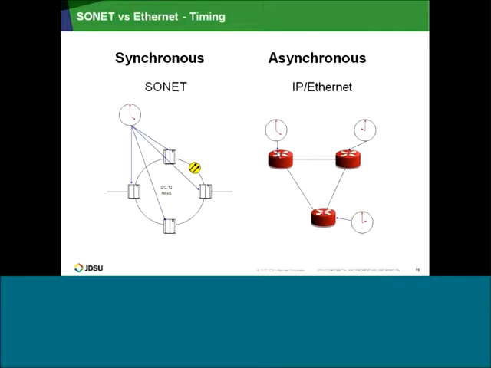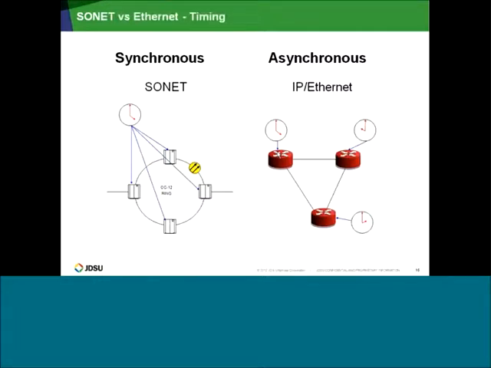A couple of things to remember. Most of us are used to the DS1 world, where syncing is extremely important. So time sync is important in the SONET or DS1 world. This is not the case for the Ethernet world. All of the equipment can be on different timing.